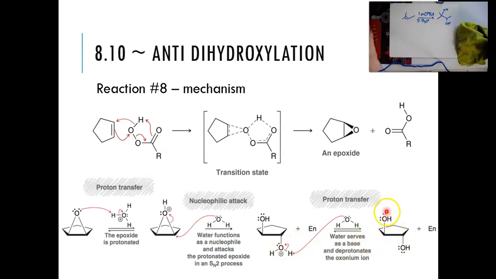So we end up with one oxygen pointing up. This is the one that was part of the epoxide, and one oxygen pointing down. This is the one that added after the fact in that second step. And so we saw this same pattern with our oxymercuration reaction and our halogen reaction.